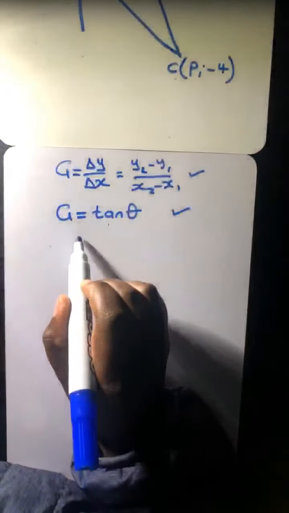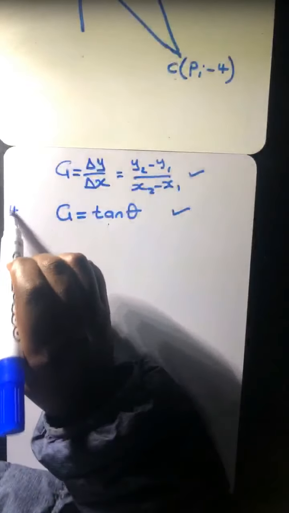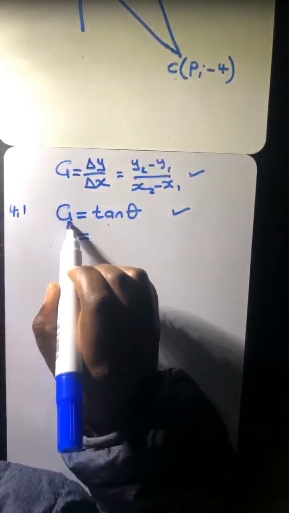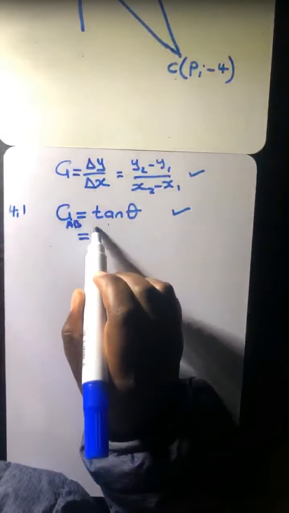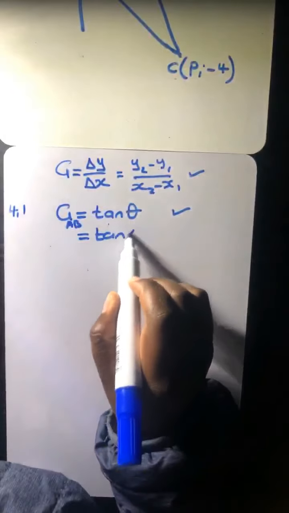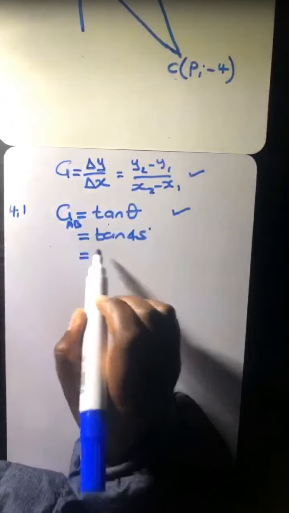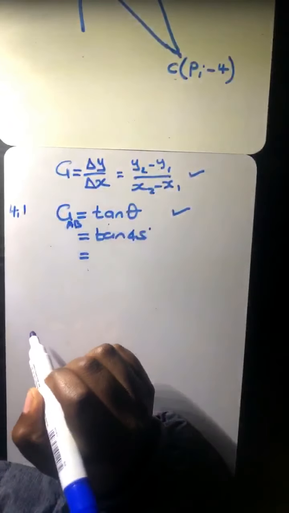I'm not sure if you guys are following what I'm trying to explain, but what I'm saying is, in answering question 4.1, we can therefore say the gradient of AB is going to be equal to tan of 45 degrees. What is that when you punch it on a calculator? I think it's 1.